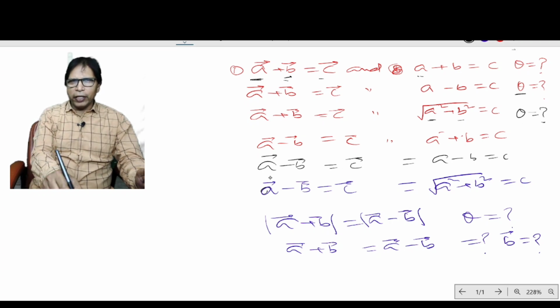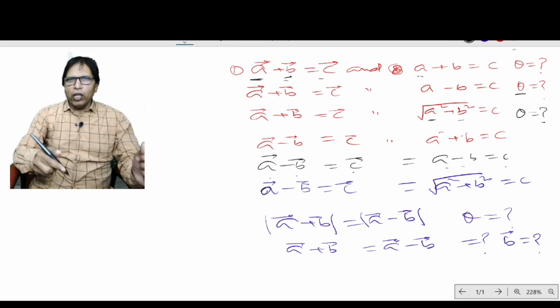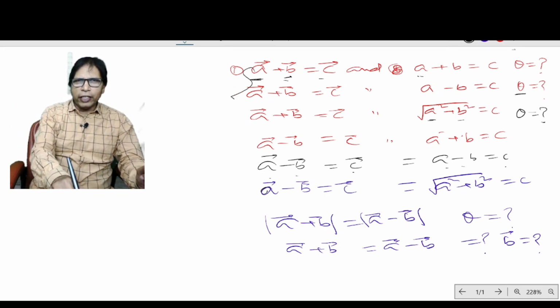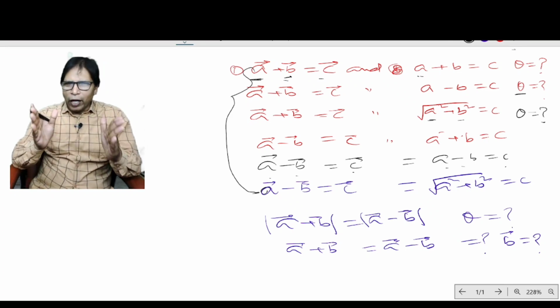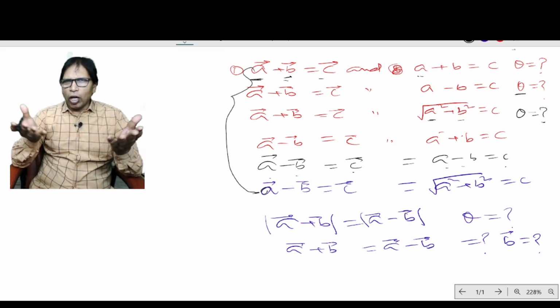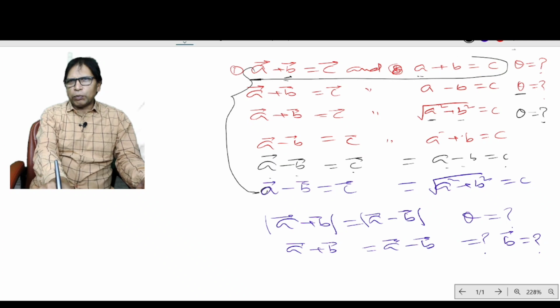In the same way, vector a minus vector b equals vector c, and magnitude a minus b equals c, we have to calculate the angle theta. All these numericals are of the same types. Now we solve only one problem and you can easily solve the others.